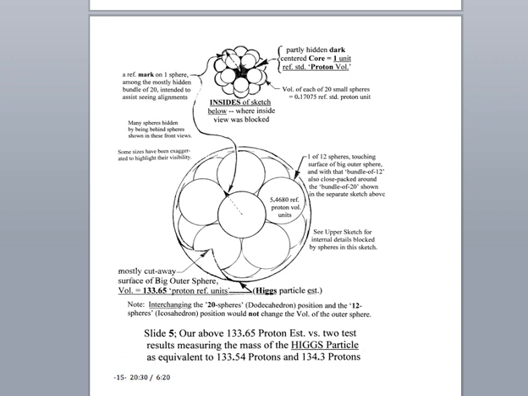instead of an electron, because it is bigger than the small spheres touching it. Comparing the main big outer sphere volume to the inner proton core sphere volume gives us a volume ratio of 133.65 to 1, which seems to also be the ratio of the Higgs particle mass compared to the proton's mass within experimental error.